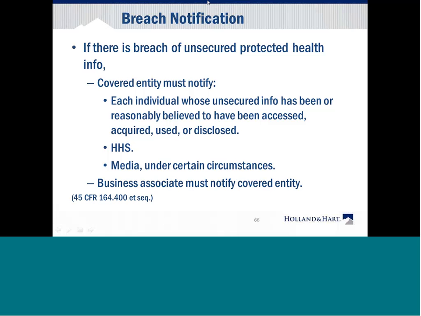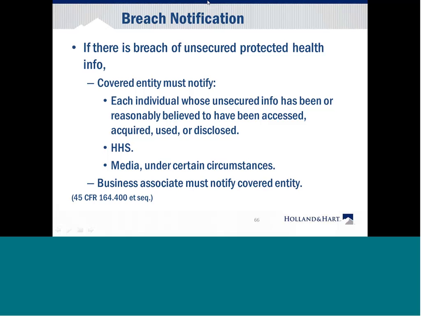If you're a business associate and the business associate has a breach of unsecured protected health information, they've got to notify the covered entity so the covered entity can make the report. A couple of points here. The real key when it comes to breach reporting is knowing first whether there's a breach, and second, whether it is a breach of unsecured protected health information.